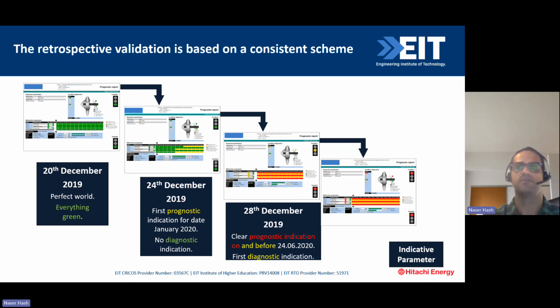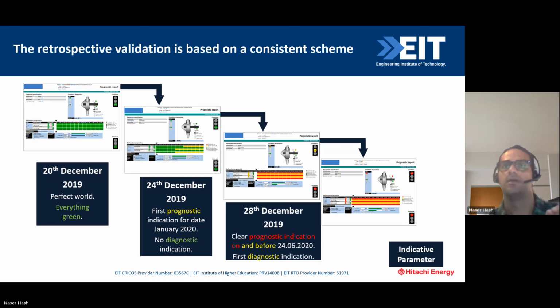It means that from 24th of December, there was a chance of increasing probability of failure, and it was going to increase to a higher level in 2020. And then 4 days before the failure happened, the prognosis indicated on the 24th of June 2020 that something happened and failed.